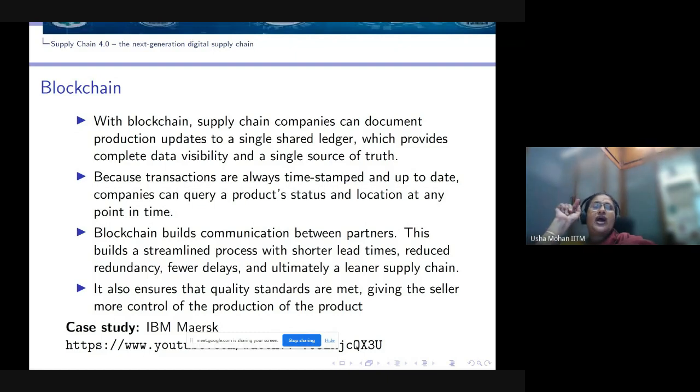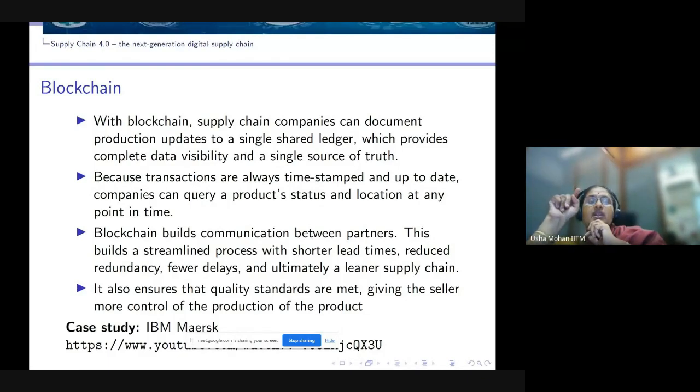So when you have a blockchain, you're enabling supply chain transparency across the supply chain. Hence, you're enhancing what is called end-to-end visibility. The second thing that can happen with blockchain technology is that the transactions are time stamped.